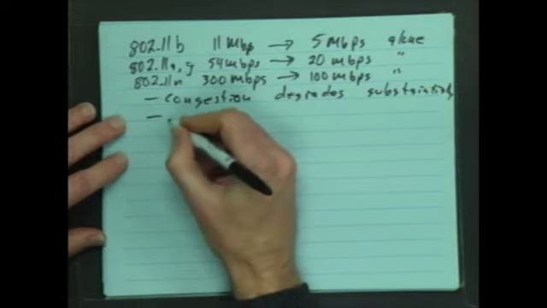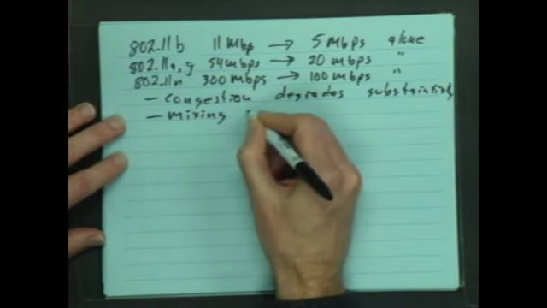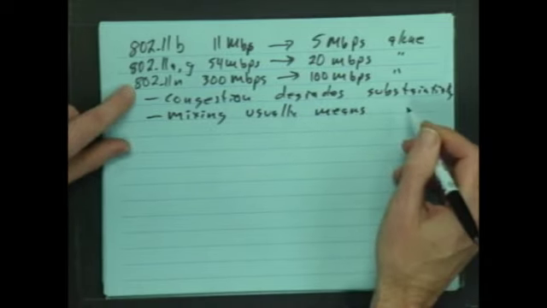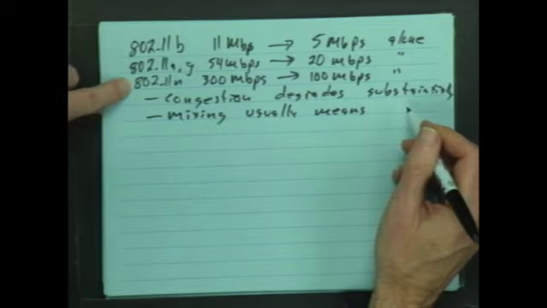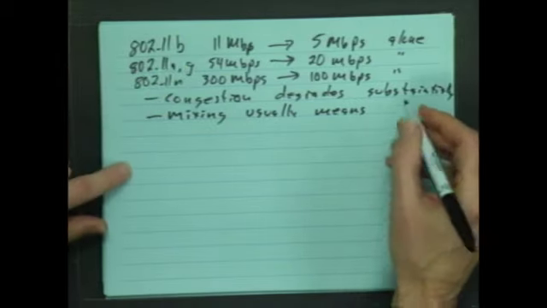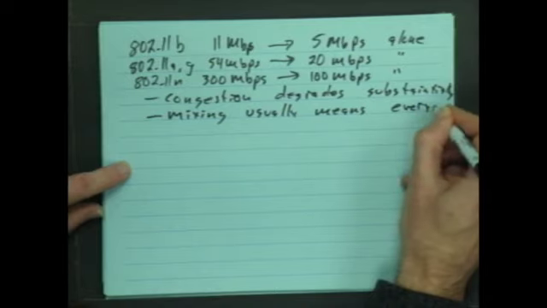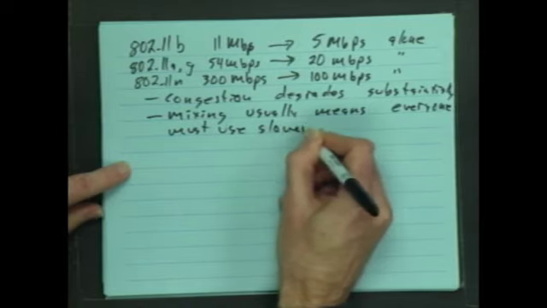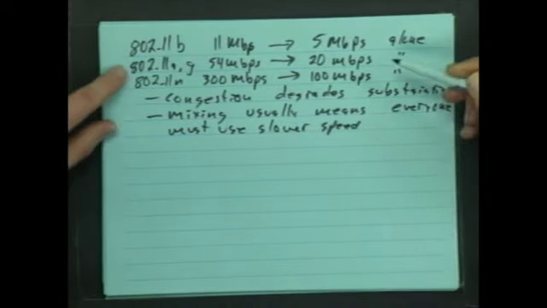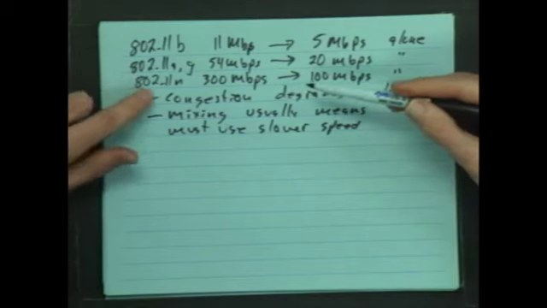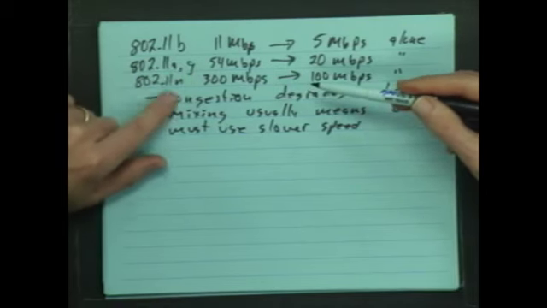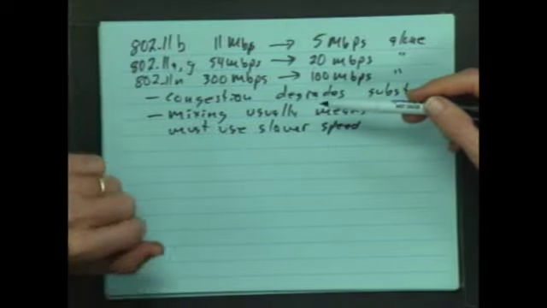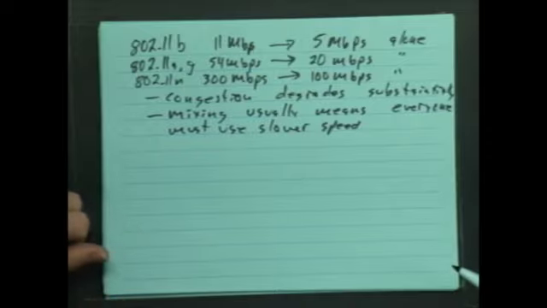And then mixing usually means if you mix clients, so if you're on an AC network and an 802.11n client comes on or an 802.11g client comes on, that usually means everyone must use the slower speed. Because what will normally happen is your access point will just go down to G mode, and then everyone has to go to G mode. And of course, it's a disaster if you have to go to B mode. Although, 5 meg, it's not that bad.